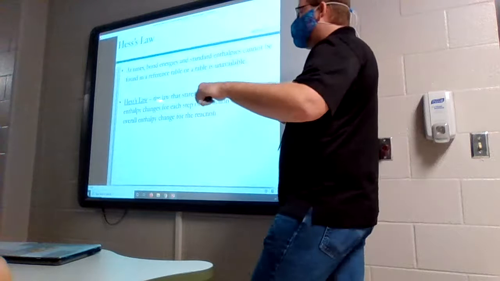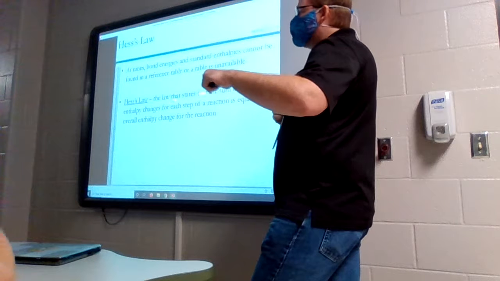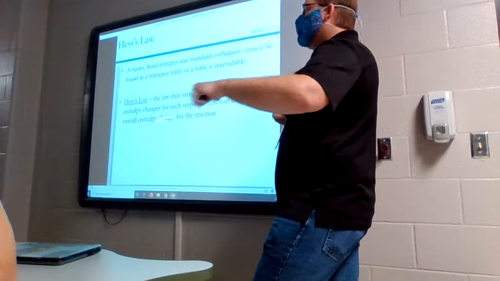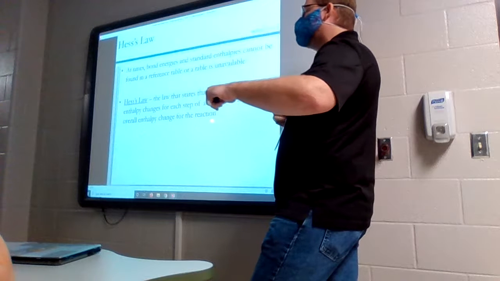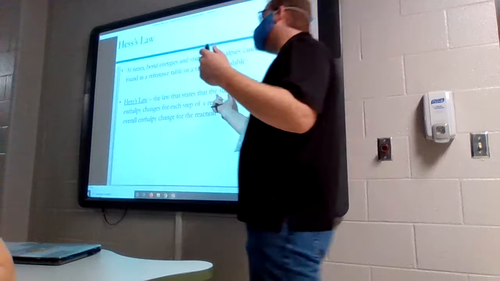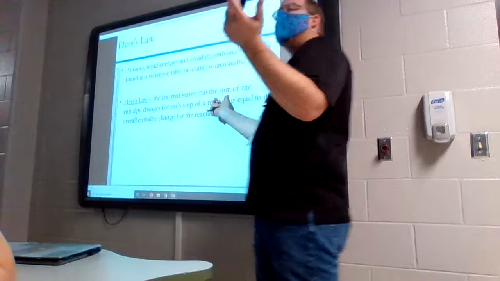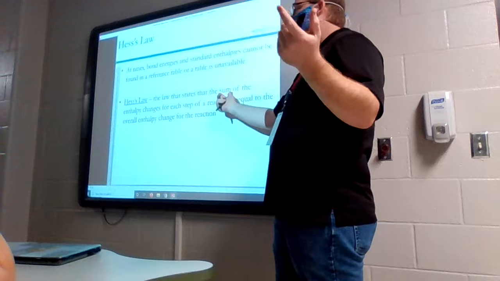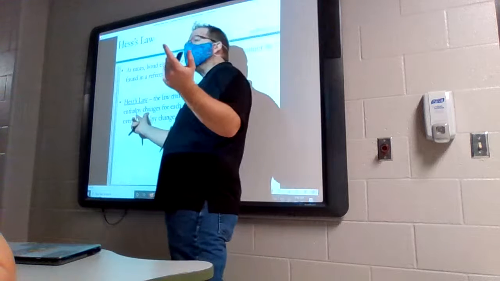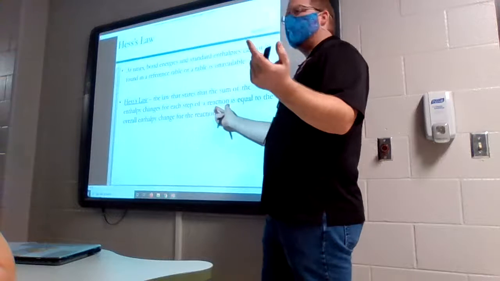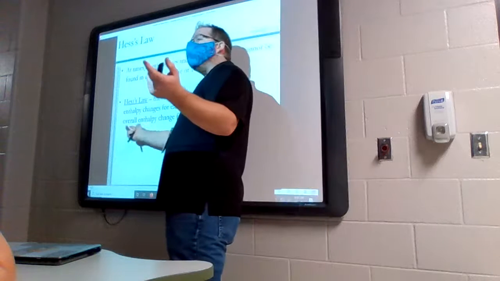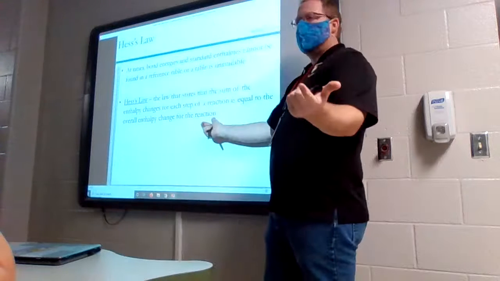Hess's law states that the sum of the enthalpy changes for each step of a reaction is equal to the overall change for the reaction. So what does sum mean? Add. What Hess's law tells us is that if I add together all of the heat changes for each step of a reaction, that's going to equal the total heat change for the entire reaction.